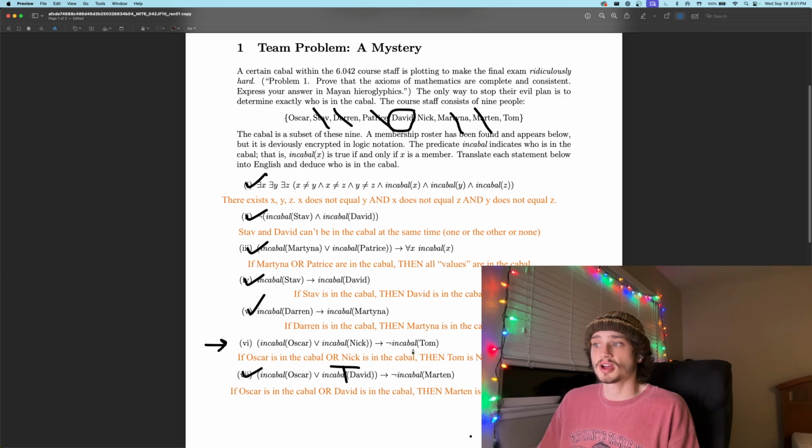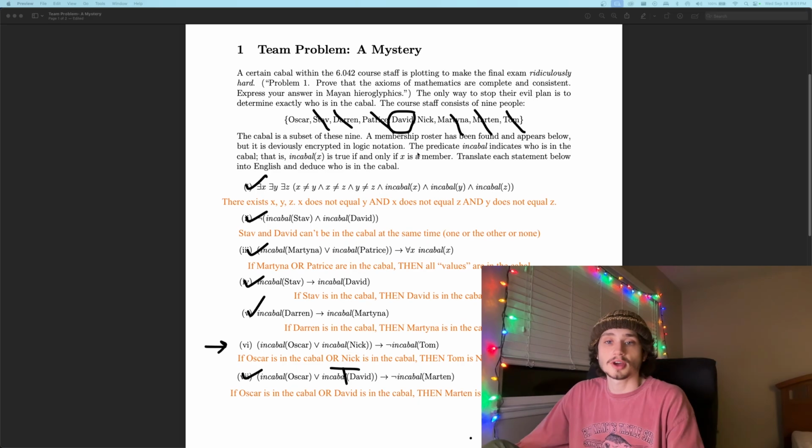If that's the case, Tom would be, and we are left with only 2 people in the cabal, Tom and David. This defies our rule number 1 where we are looking for 3 specific people. This means that either Nick or Oscar has to be in the cabal. And if that's the case, Tom is not in the cabal. If Tom is not in the cabal, that leaves 2 people left by default to be in the cabal, per our rule number 1. And by default, Oscar and Nick are in the cabal, which is still valid in this statement.